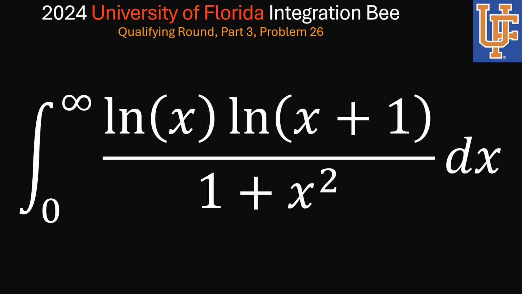So yeah, let's move. The problem that we're going to focus on is the integral from 0 to infinity of the natural logarithm of x times the natural logarithm of x plus 1 over 1 plus x squared.